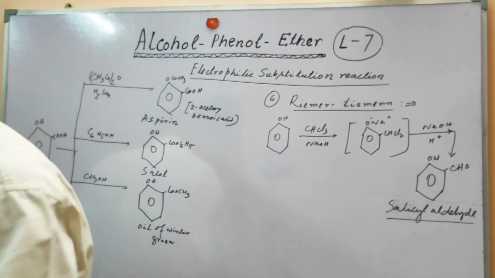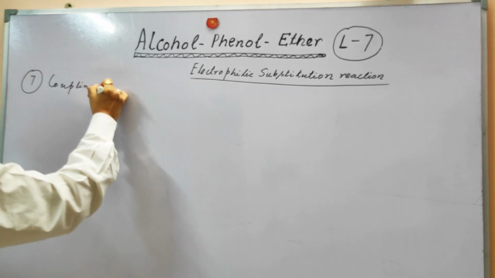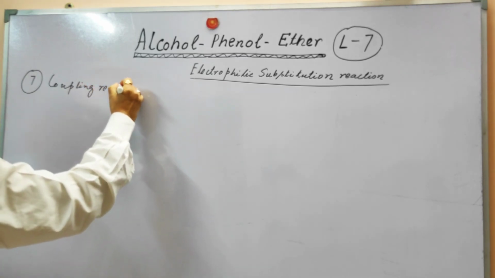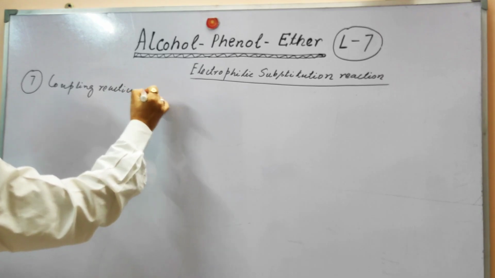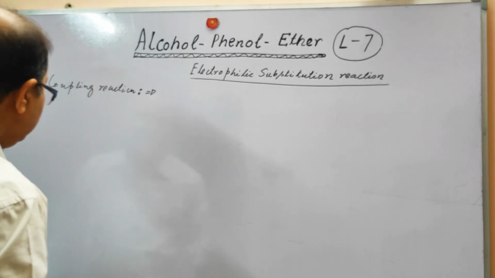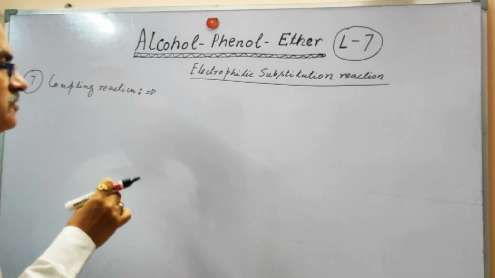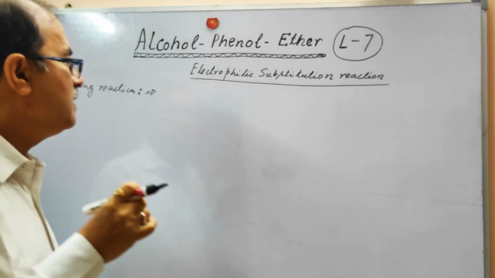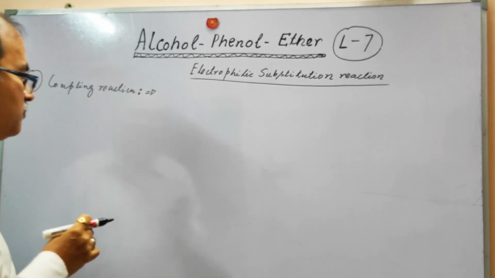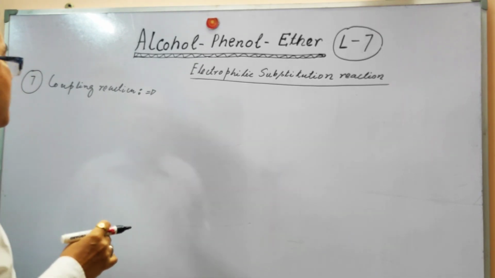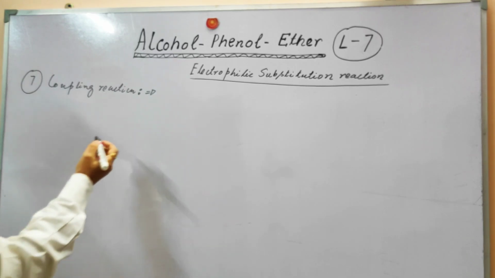So next is a very important reaction, in which phenol is reacted with benzene diazonium chloride in presence of a very weak alkaline condition, and it is going to produce the azo compound.